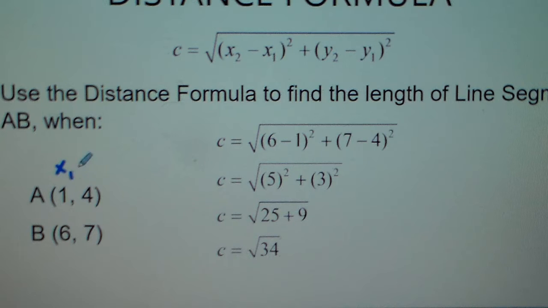The A value is going to be our x1 and y1. Our B value is our x2 and our y2. So we plug them in. x2, 6 minus 1, 6 minus 1, plus 7 minus 4. And we crunch them out.